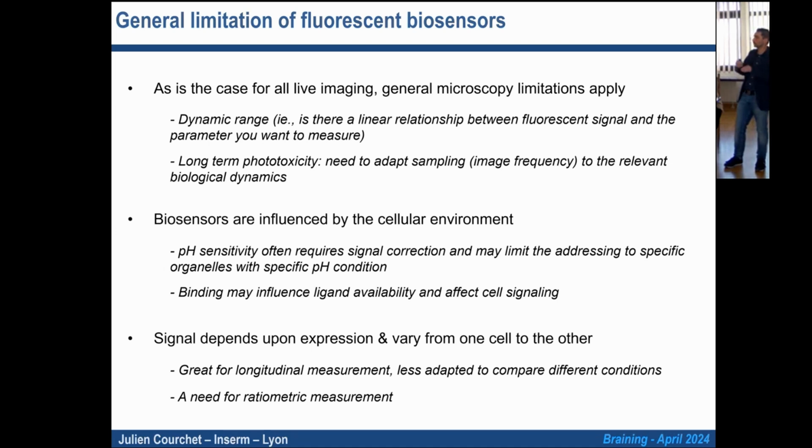And this is where proteins that are based on circularly permuted GFP are tricky to use because basically you have no signal, and then when you induce your stimulus, you will see this peak of signal, and it will go as high as it can, depending on how many molecules you have.